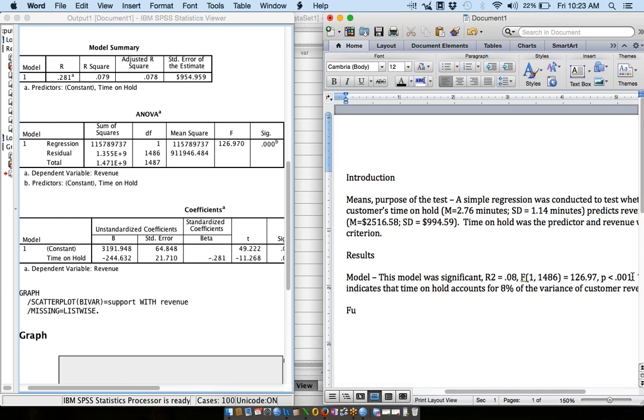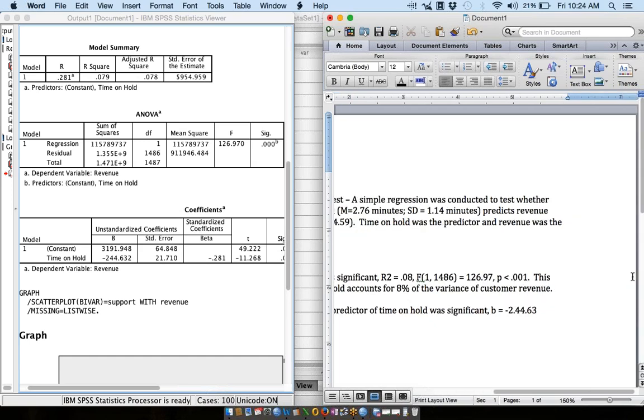Further, the individual predictor of time on hold was significant. B equals minus 2.44.63. Whoops, I have an extra point in there.